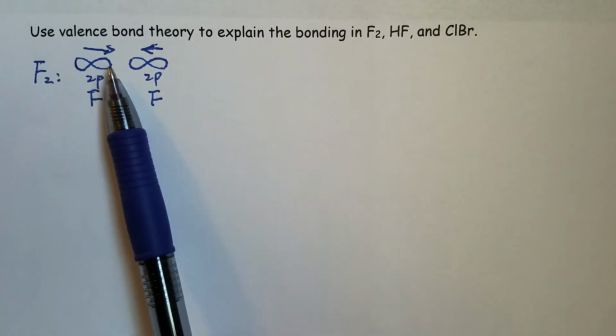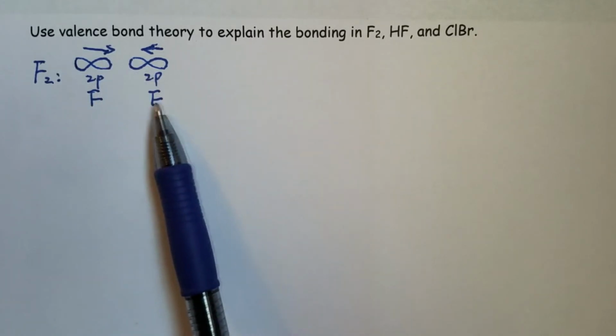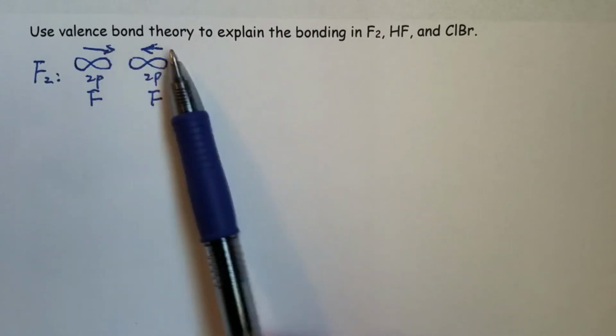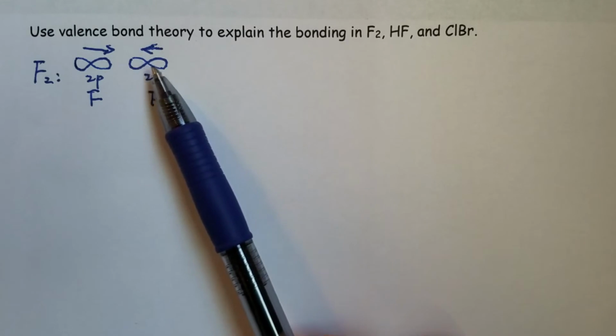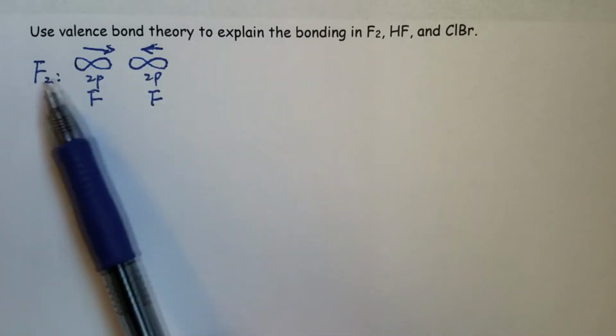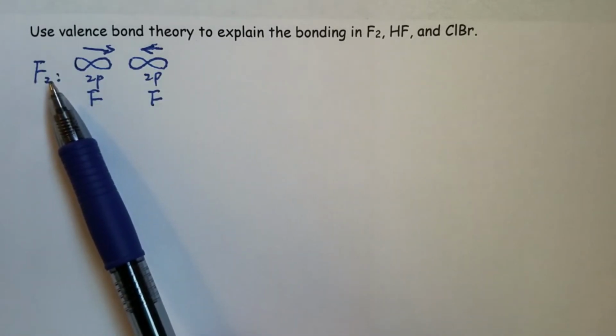And then that's the other fluorine atom. When those two atoms approach toward each other, eventually the fluorine molecule F2 will be formed.